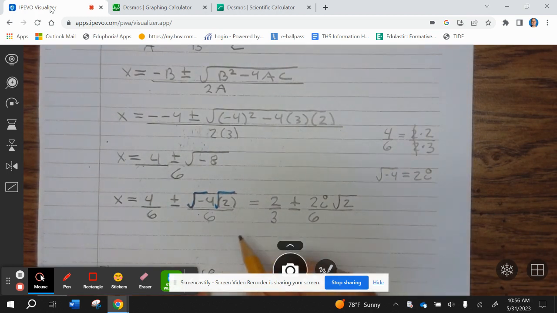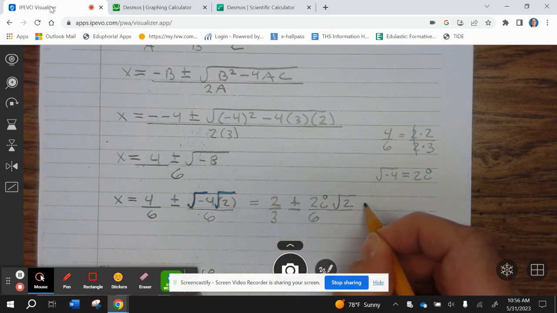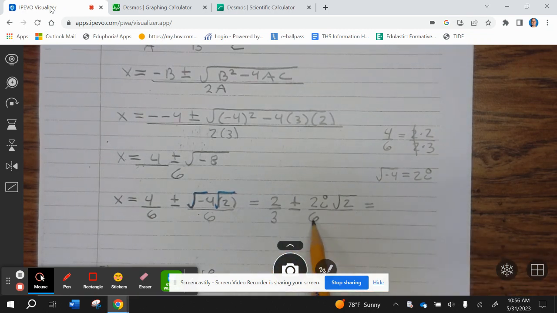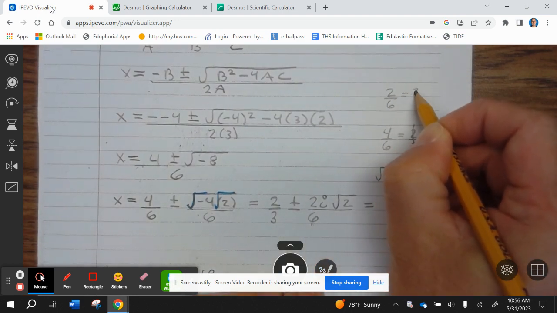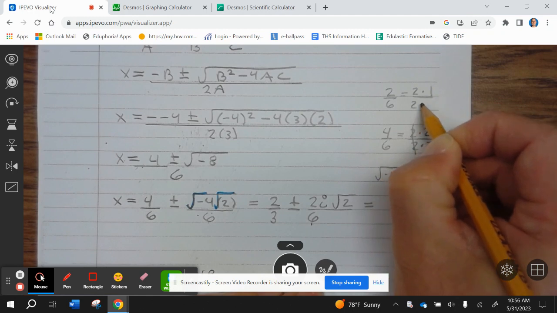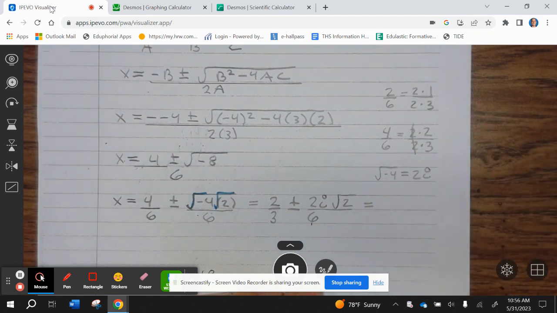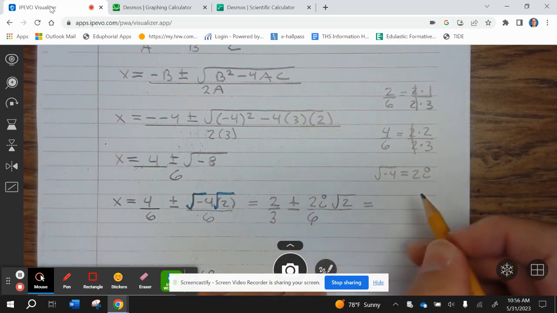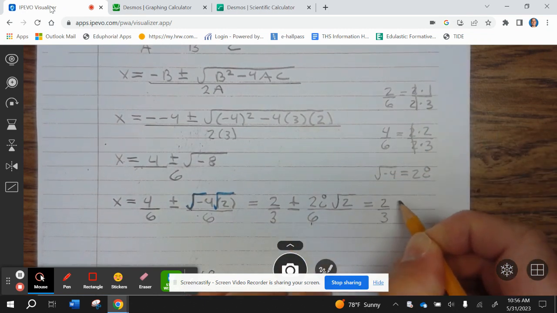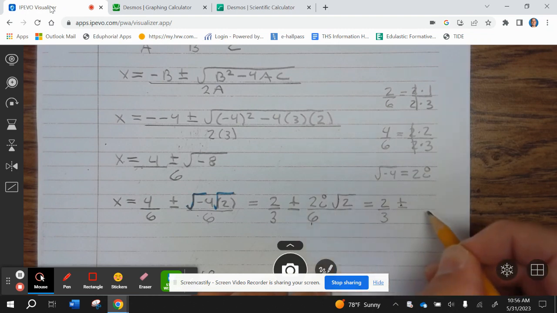So the zeros are, and actually let's reduce this one more time. 2/6 can be rewritten as 2 times 1 divided by 2 times 3. Well, 2 divided by 2 is 1, so 2/6 reduces to be 1/3. So this becomes 2/3 plus or minus i square root of 2 divided by 3.